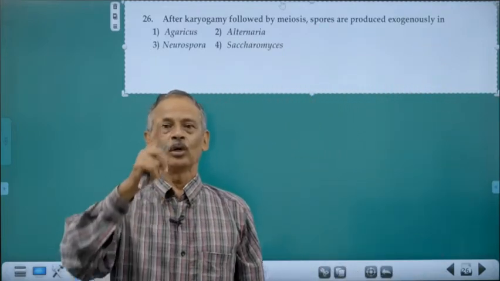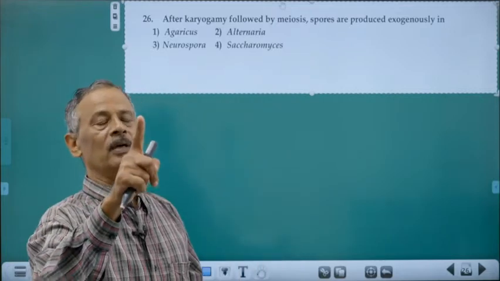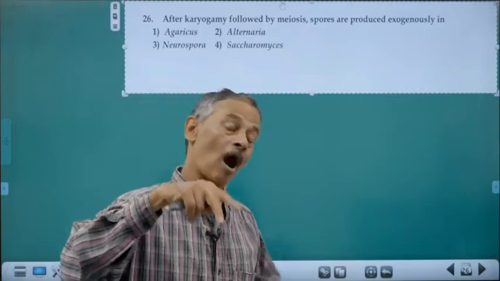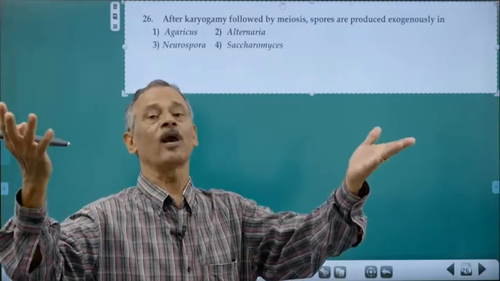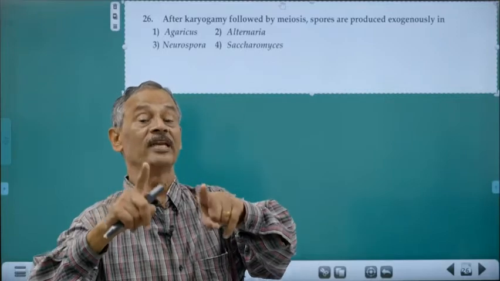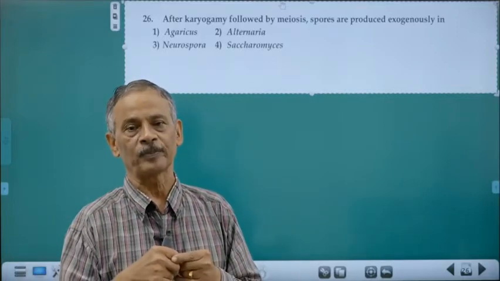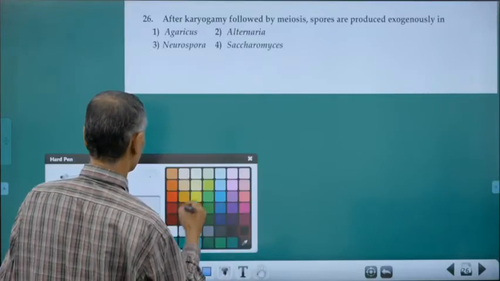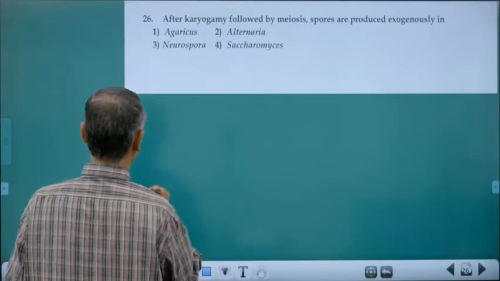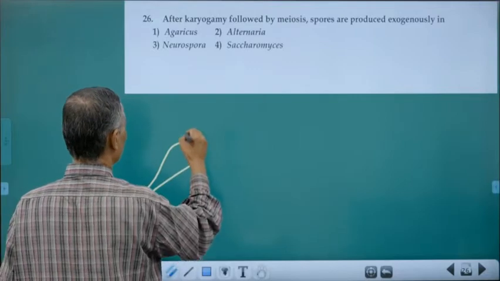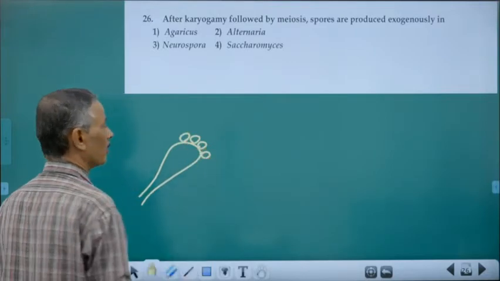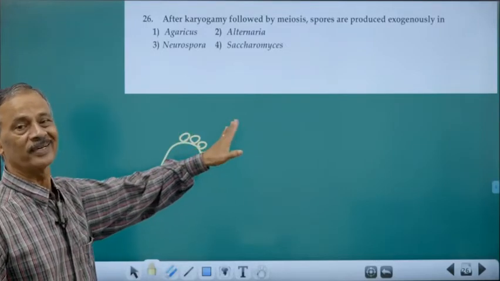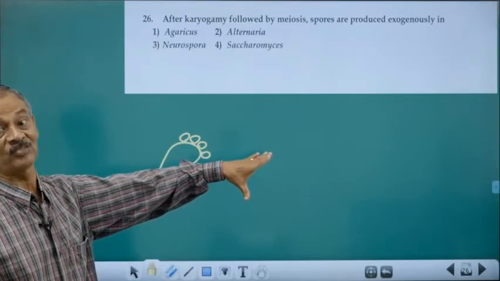So the only group where spores are produced sexually outside, directly to the outside, exogenously, is basidiomycetes. The basidiospores are produced. We have the basidiocarp, in which basidia are producing 4 spores directly outside, exogenously.